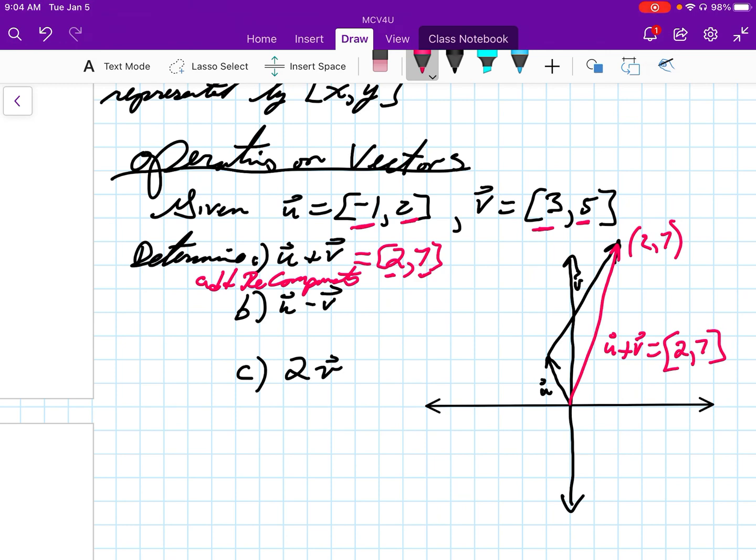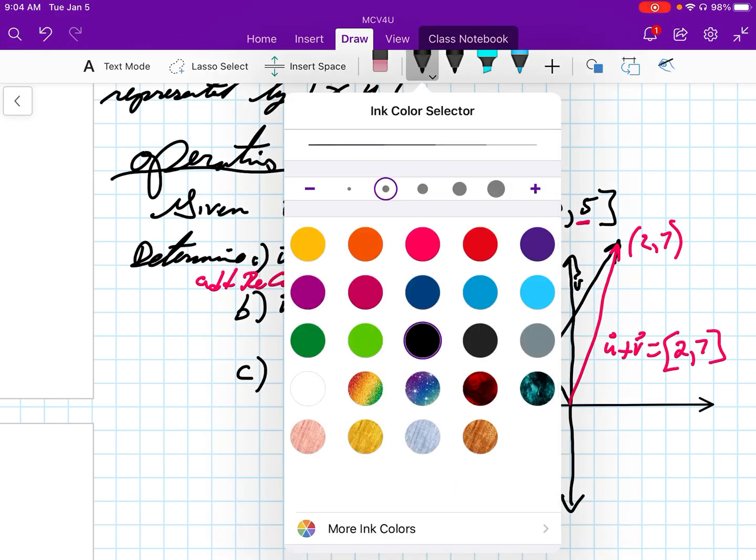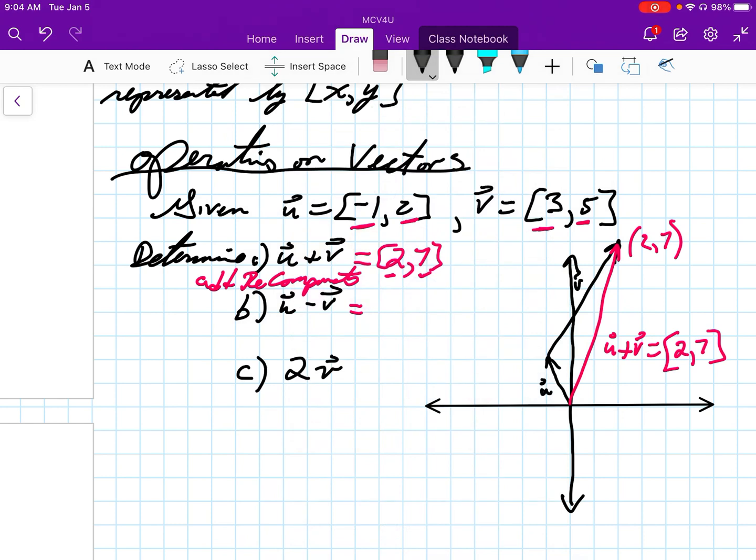All right, now let's take a look at subtraction. We hope that that's the same thing, where all we have to do is subtract the components. Well, let's see what it would be if we were to do that. -1 take away 3 is -4. 2 take away 5 is -3. Let's see if that works out for subtraction.